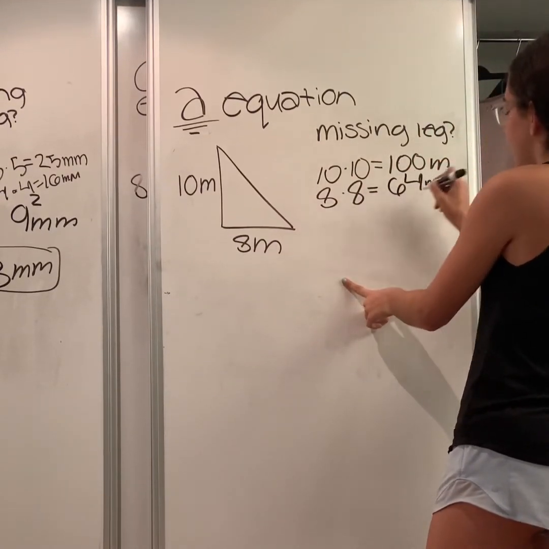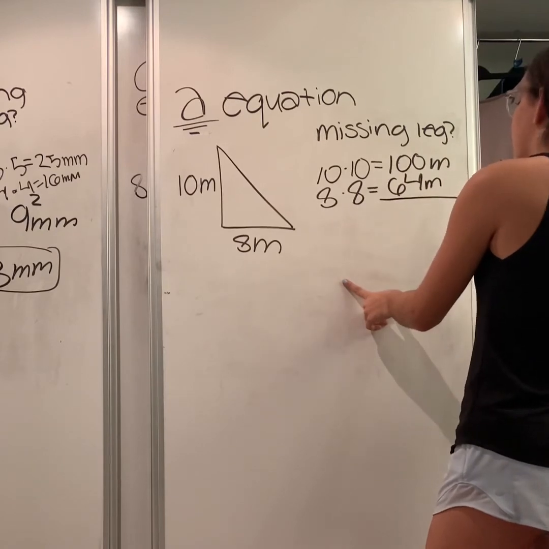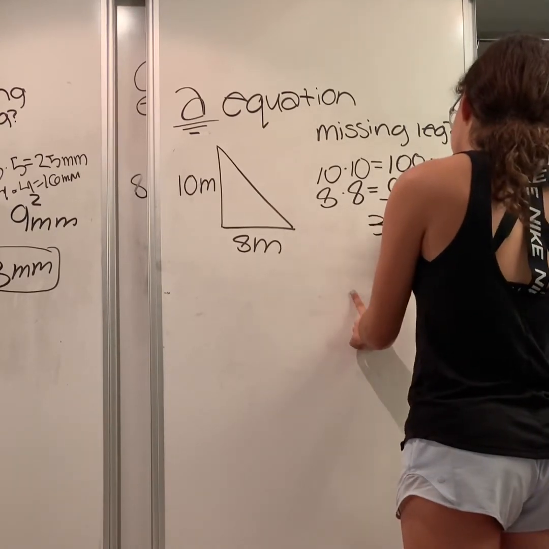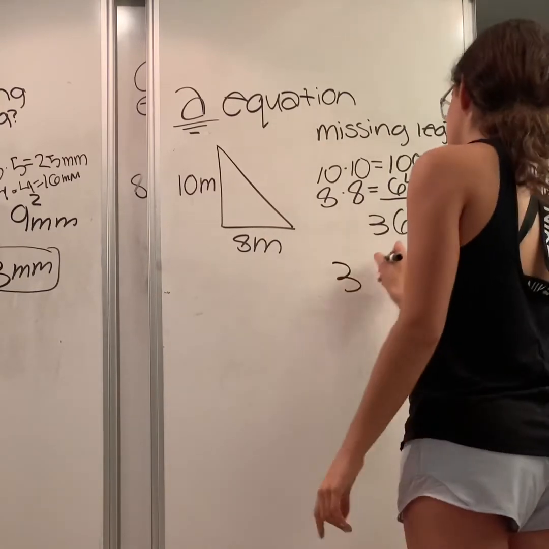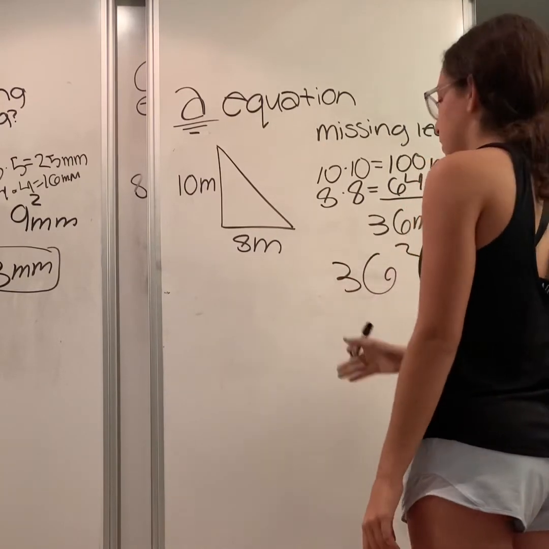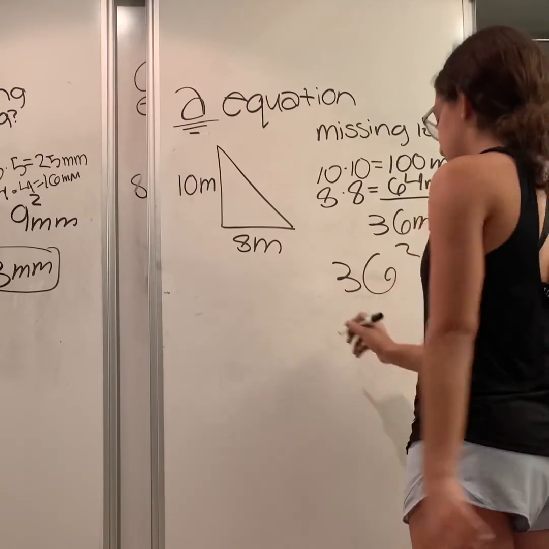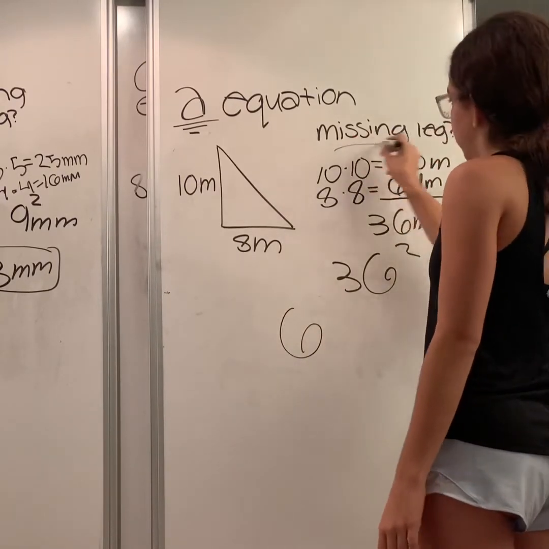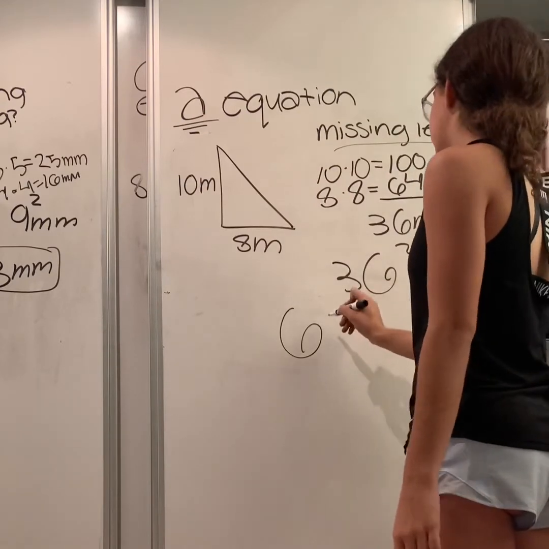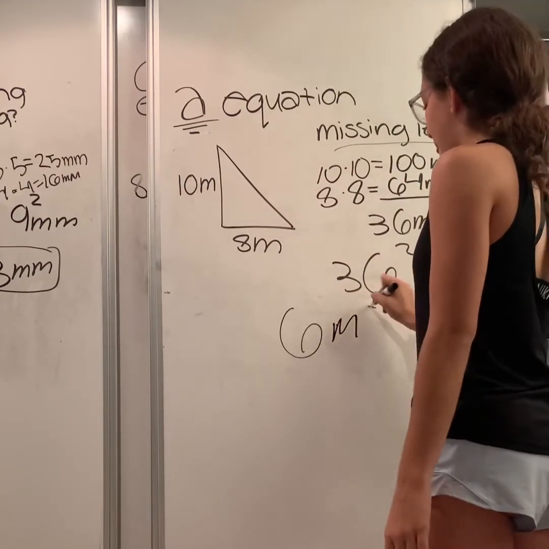Bring over the unit, and then we get 36 meters. Now we have to find the square root of 36, and what times what equals 36? That would be 6, and our answer, the missing leg, would be 6 meters.